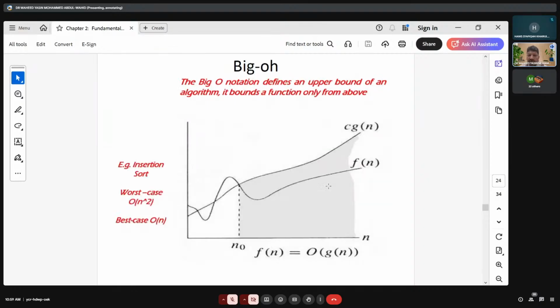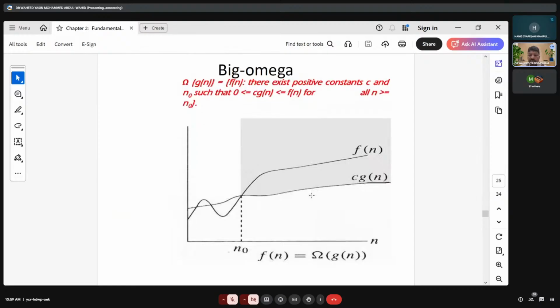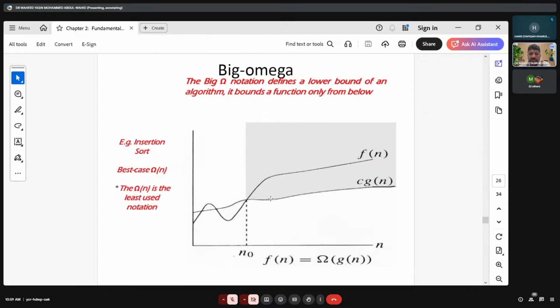Okay, here this gray color, the value is going up. This one c·g(n) is a lower bound. The big omega notation defines the lower bound of an algorithm. It bounds a function only from below. Example: insertion sort best case is omega(n). Omega is the least used notation.